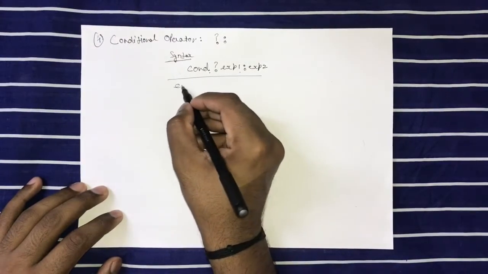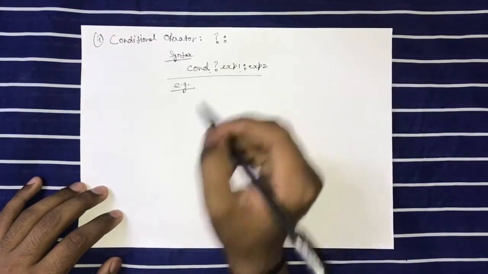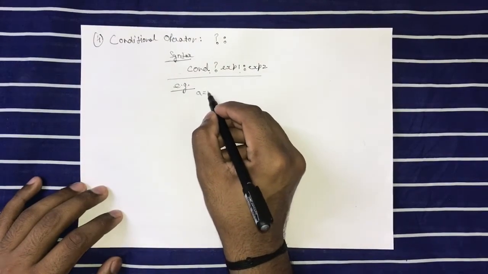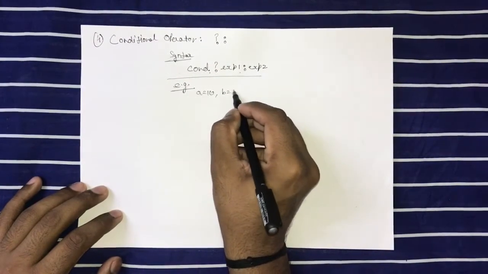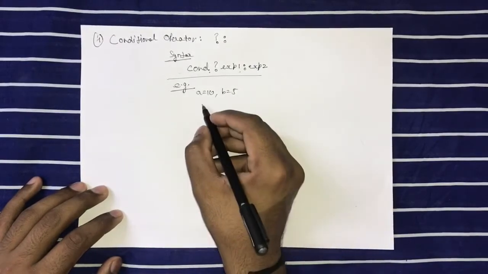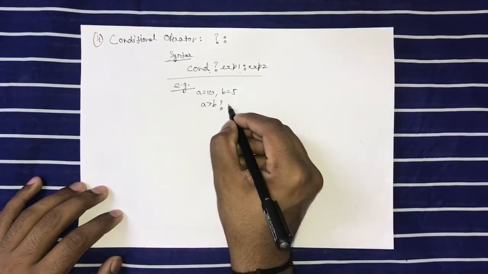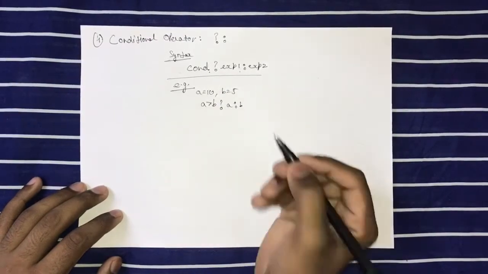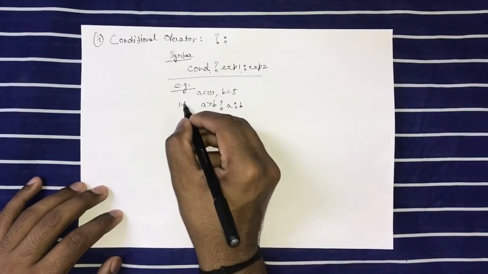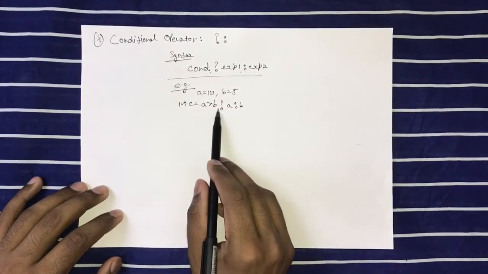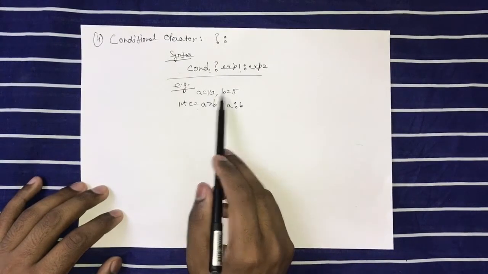For example, say I have two variables, a is equals to 10 and b is equals to 5. Say I use a is greater than b conditional operator a colon b, and I pass it to another variable c. If this condition is satisfied, now the values are 10 and 5.